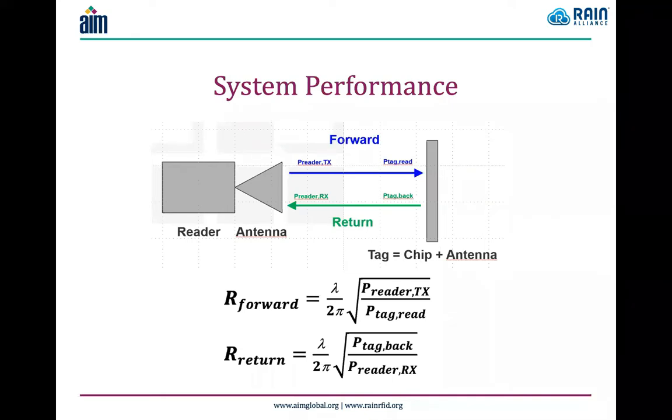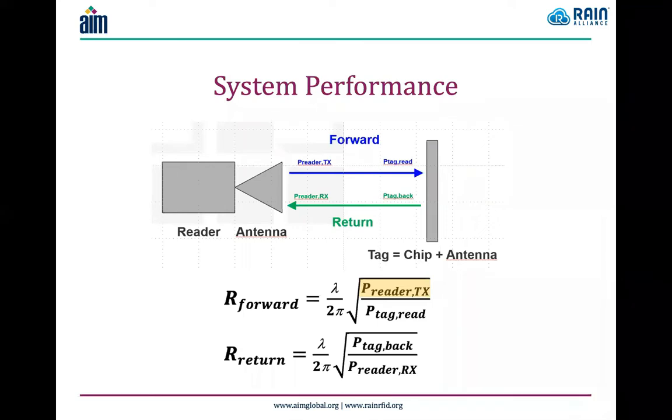Below are the formulas, how this relates in principle. On the forward range, we have the power that the reader is allowed to send. This is typically set by radio regulations, so it's either ETSI or FCC.